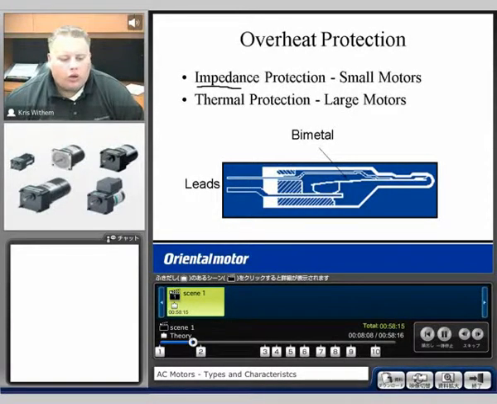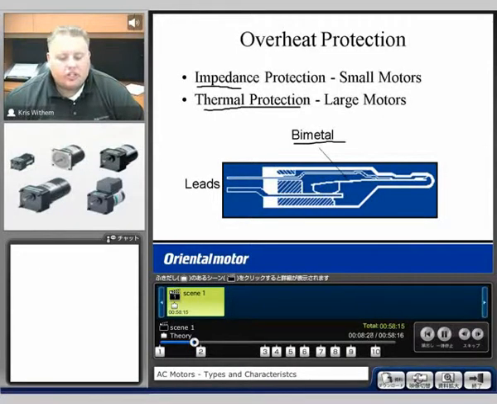rotating. Our larger motors, from the 15 watt up, are going to have our thermal protection unit. This is a breakdown of what it looks like inside. We have a bimetal here that comes down to this piece, and the thermal protector has that strip in there.